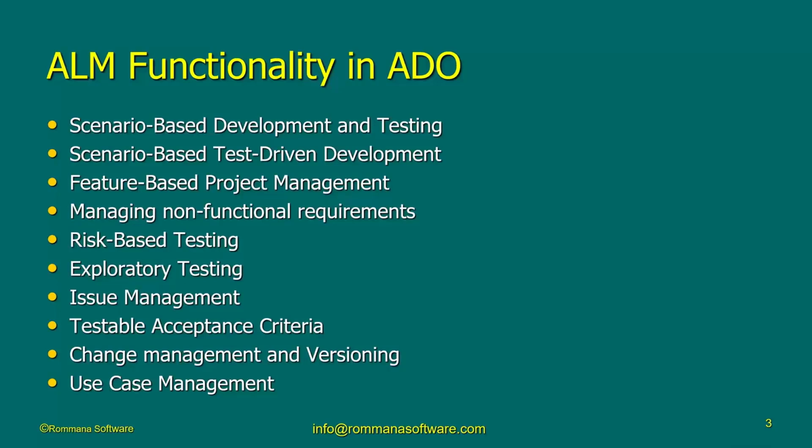So really, this is a summary of everything I talked about. These are all the kind of things that are available in ALM, but you can do them in ADO projects now. The feature-based project management is a very unique thing.